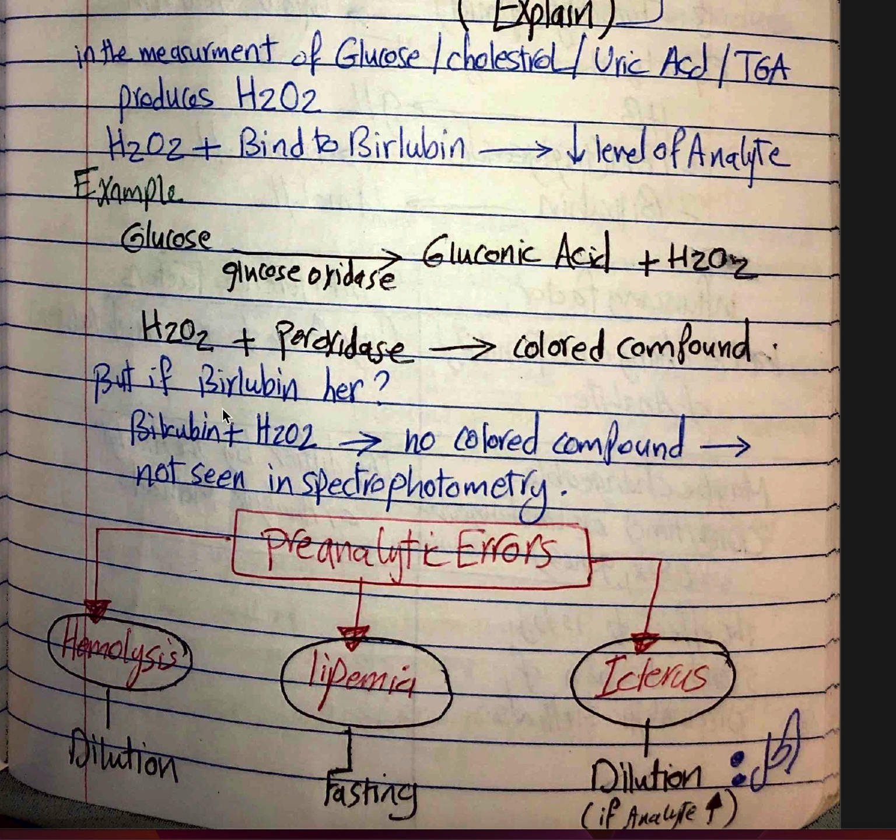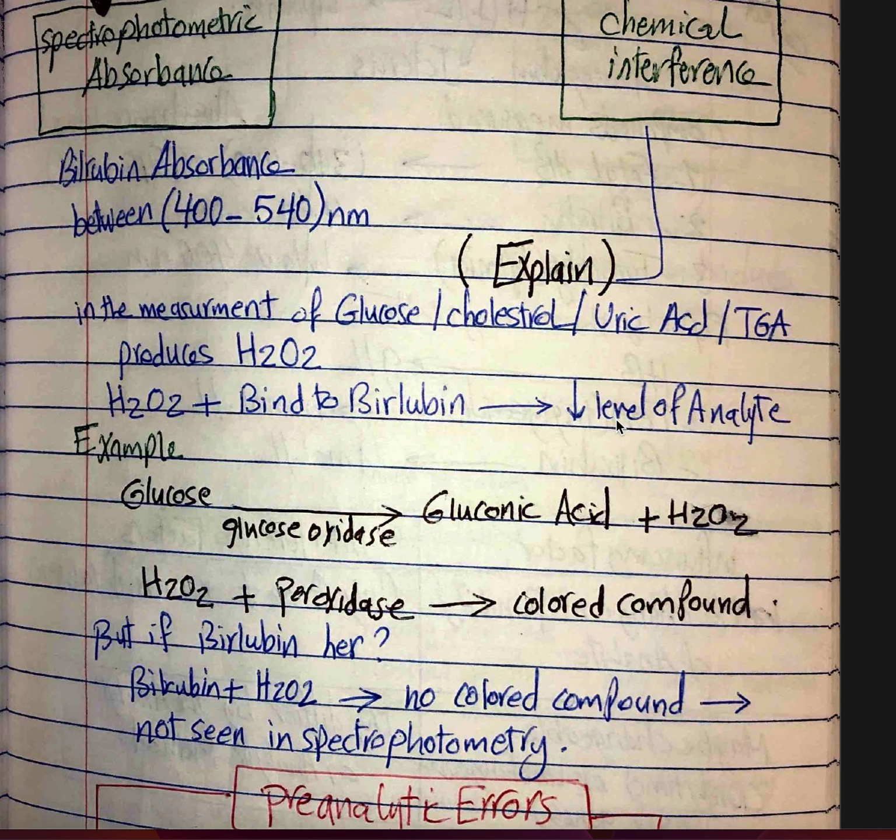But if there is bilirubin, it binds to the H2O2 and leads to a non-colored compound, which is not seen spectrophotometrically. That explains why icterus causes chemical interference with glucose, uric acid, triglyceride, and cholesterol, leading to false measurements of these analytes.